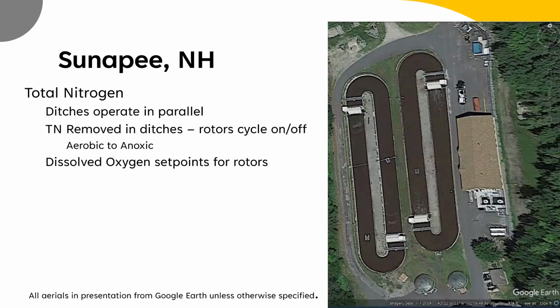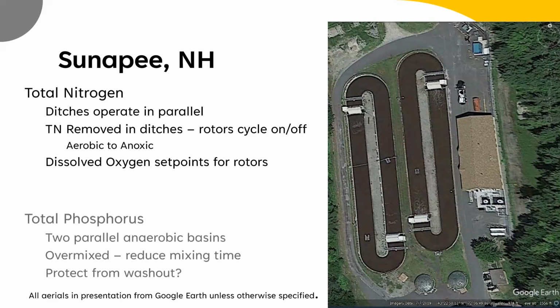Their basic operational idea is to have aerobic and anaerobic zones to remove the nitrates within the ditches themselves. So they're cycling their rotors on and off and controlling dissolved oxygen when the rotors are on. So this is the type of total nitrogen optimization very commonly done in Kansas.